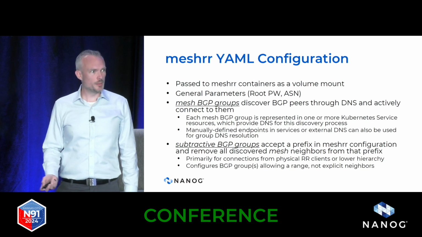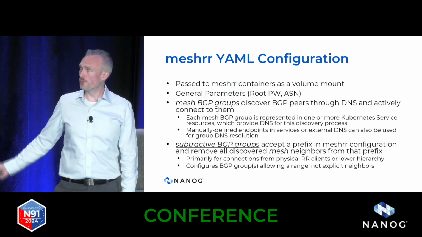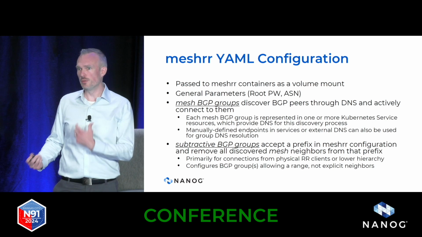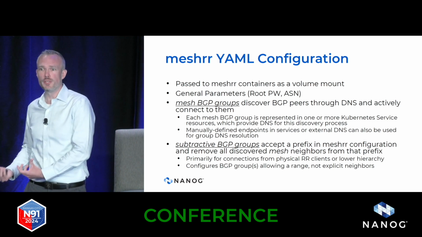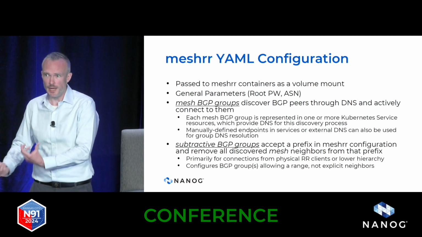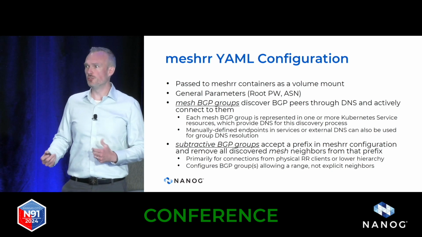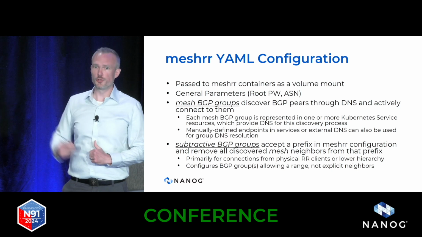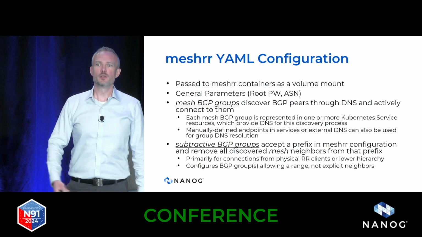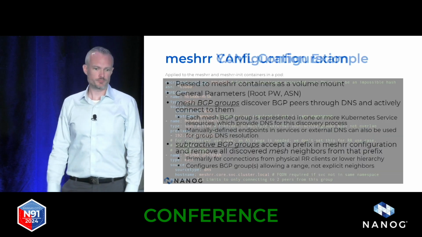We use this primarily for connections either from the outside world, where we don't necessarily know all of the IP addresses, we know a range of loopbacks perhaps, or maybe to allow connections into a higher level, maybe core tier of route reflectors from a lower tier.